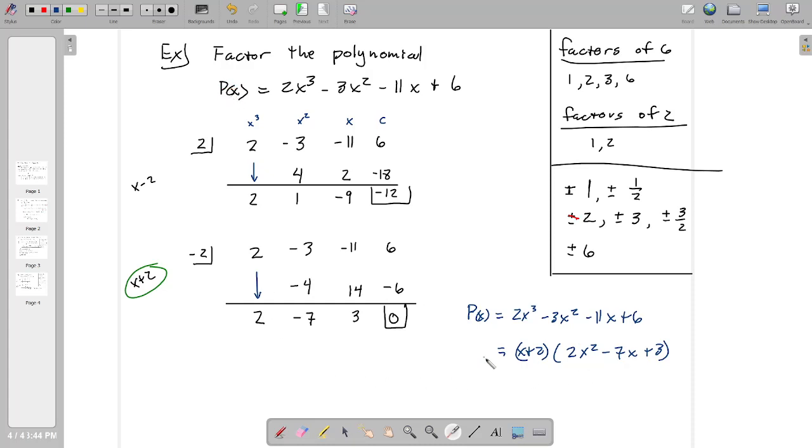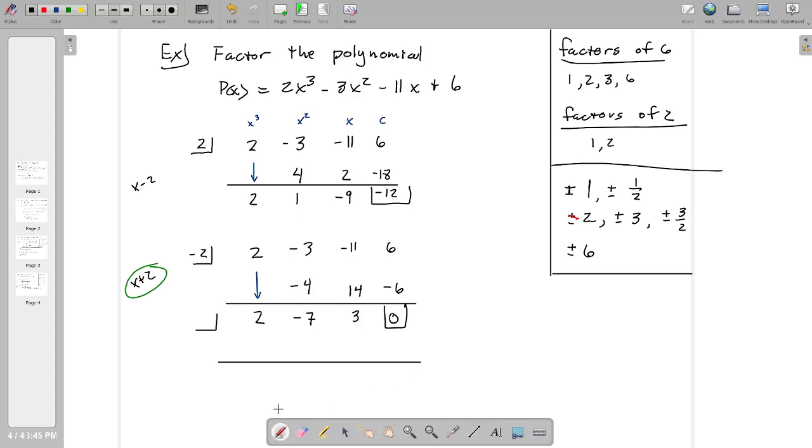So what I'm going to do, instead of erasing these values, I am going to just use them again. I'm going to use these as my entry point because I already have the coefficients of this polynomial listed here. I'm going to start another synthetic division process. Now, what I'm going to test to see if we have another factorization is x minus 3 as a factor.